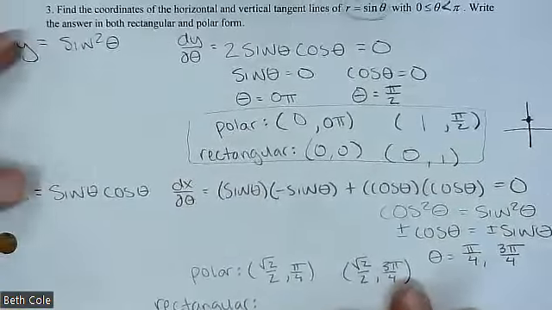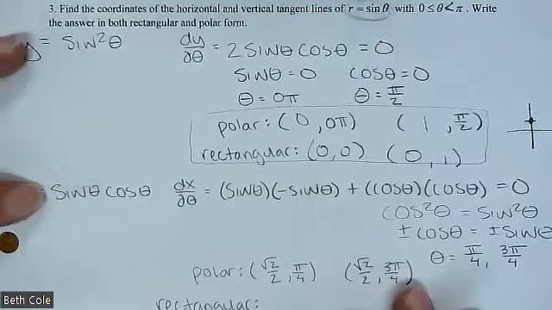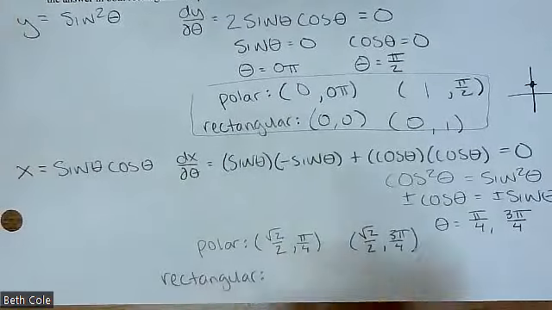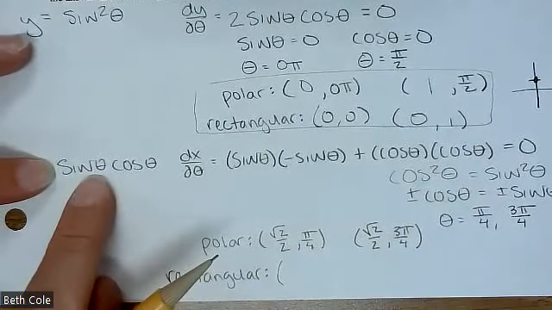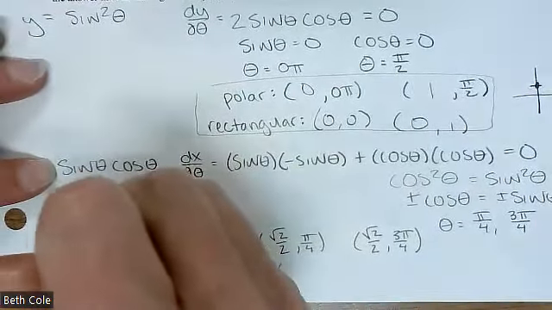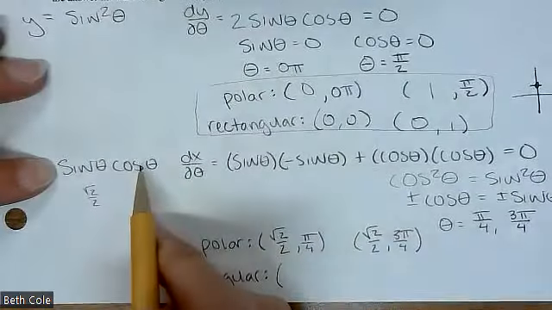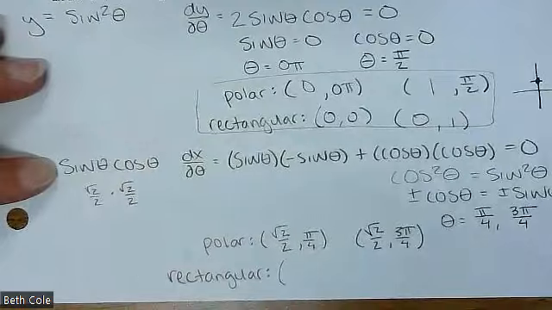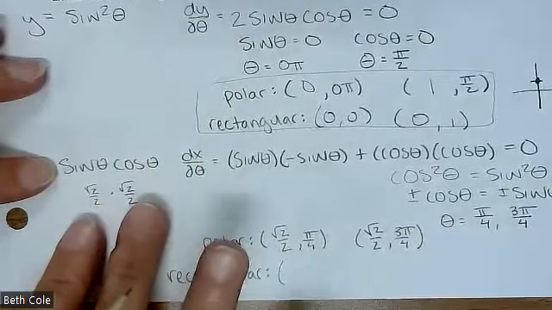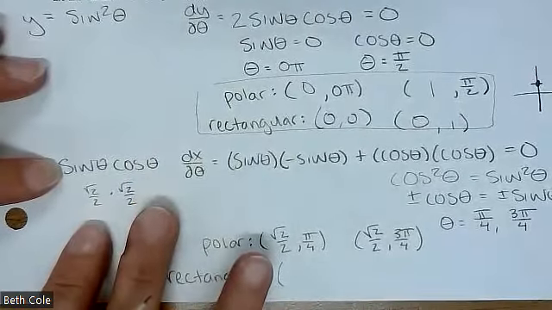So we already wrote out what x and y equal. They're right here off to the side. So it has to be x comma y. So let's do x first. Sine of pi over 4 gives us square root of 2 over 2. Cosine of pi over 4 gives us square root of 2 over 2. If you multiply those together, what are you going to get?